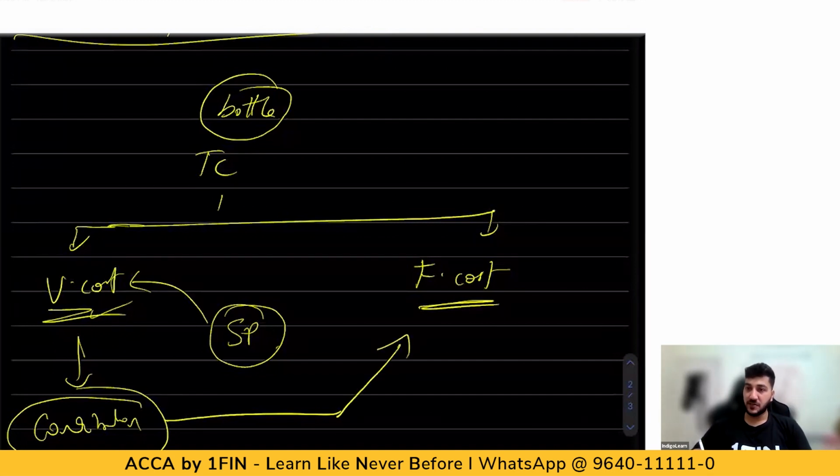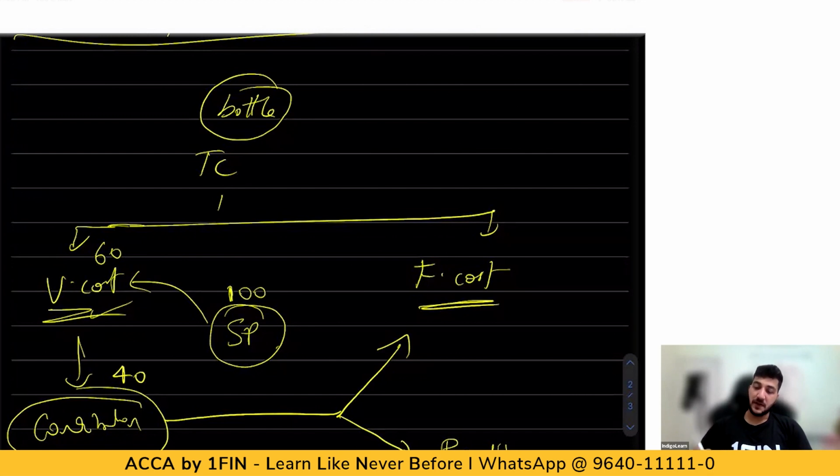One is fixed cost. The second one is profit.